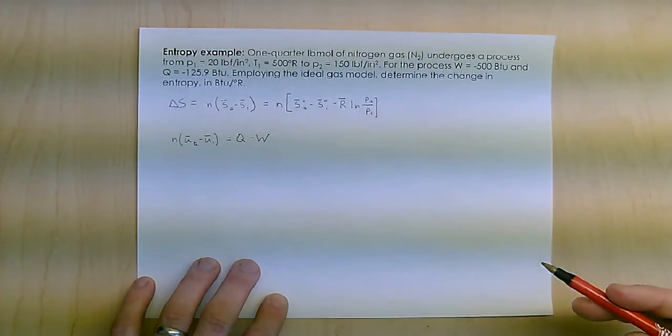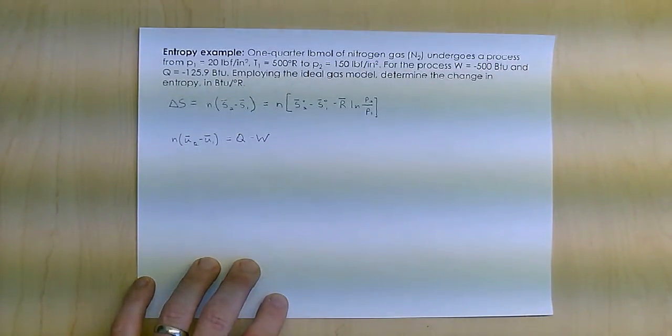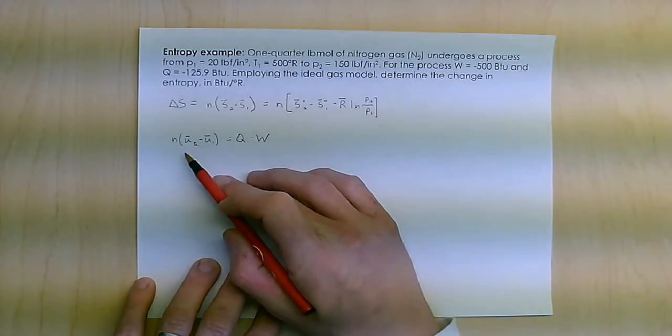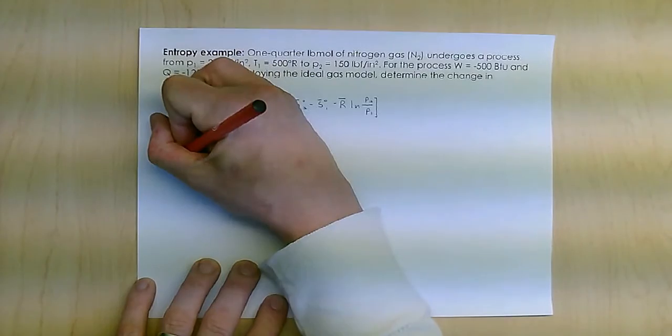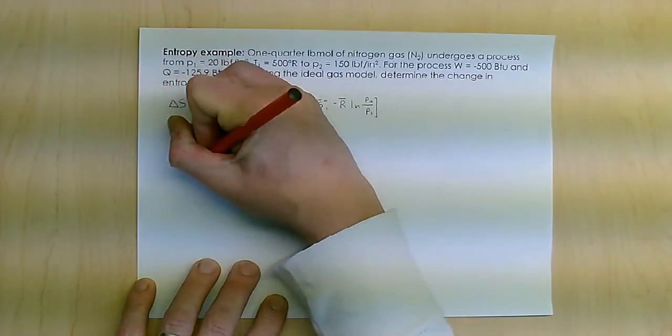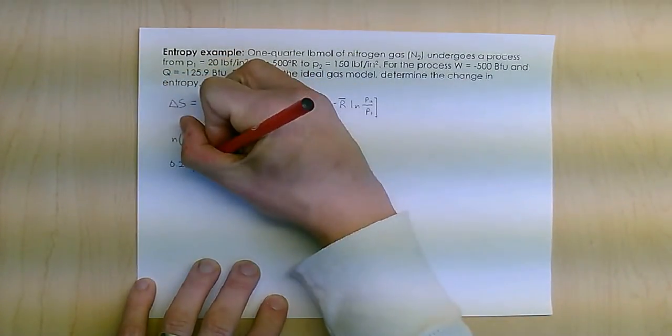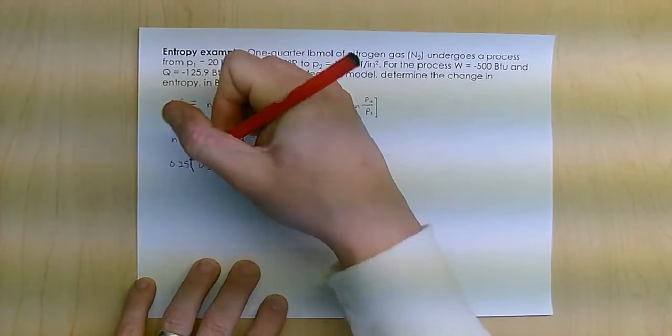So let me look these values up to solve for U2. N is a quarter mole, so 0.25, times U bar 2, which is what I'm looking for, minus U bar 1.